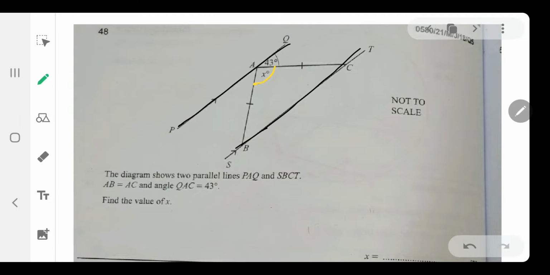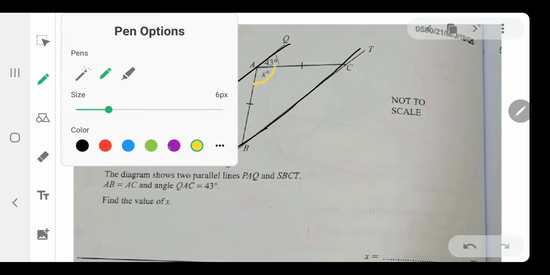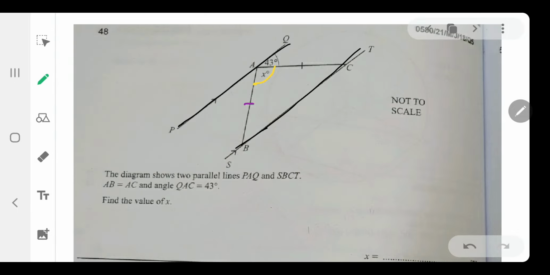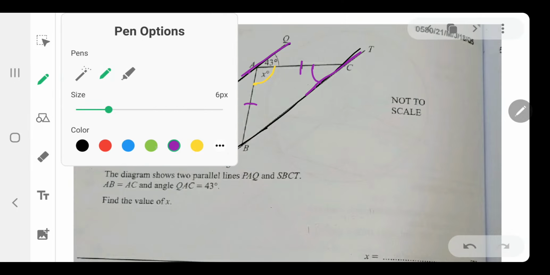Because in this triangle this side is equal and this side is equal, this is an isosceles triangle. So can we find this angle? Both these lines are parallel, and we know that this is a transversal.